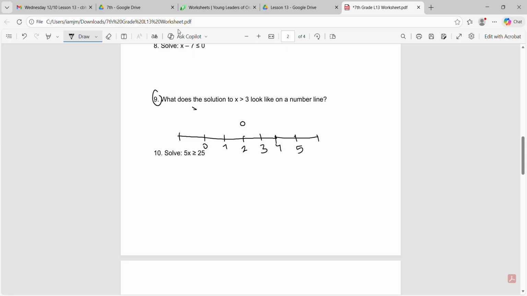For greater than or equal to or less than or equal to signs, you use a closed circle. So here it's just greater than, so we're going to use an open circle at 3. Open circle at 3. Since it's greater than, it has to face the greater numbers to the right. That's how it's going to look on a number line.